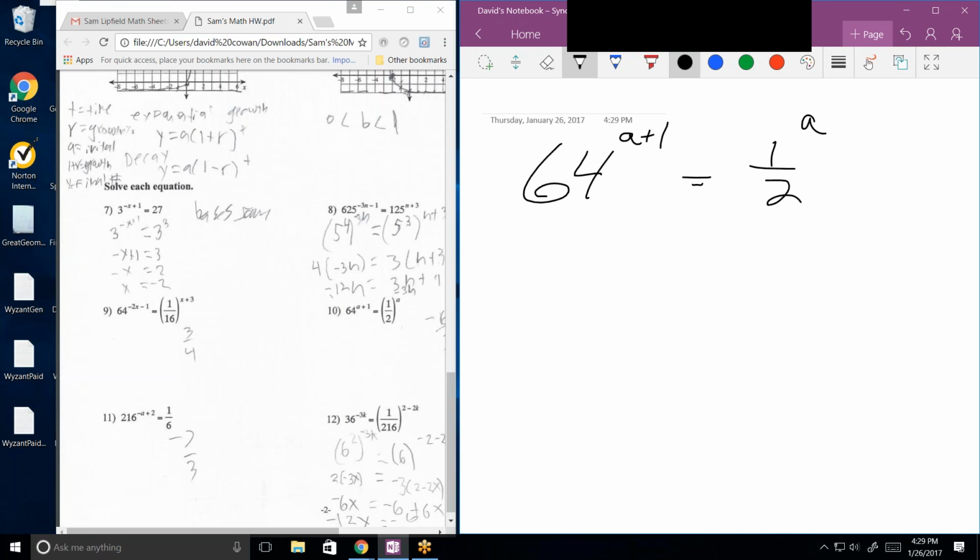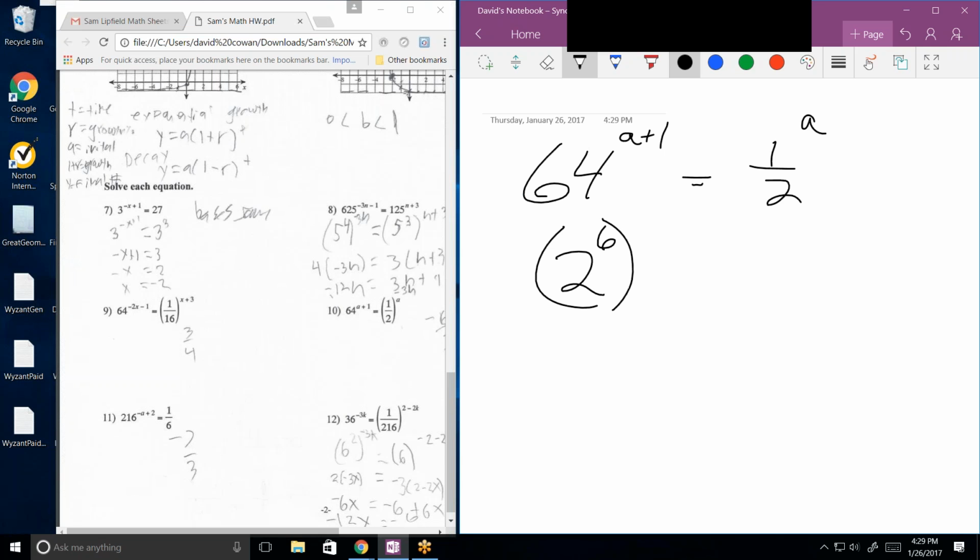It would be 2 times 2 equals 4. Hold it. 2 to the what? How do you write 64 in terms of an exponential base of 2? 2 cubed is 8. 2 to the 4th is 16. 2 to the 5th is 32. 2 to the 6th is 64.